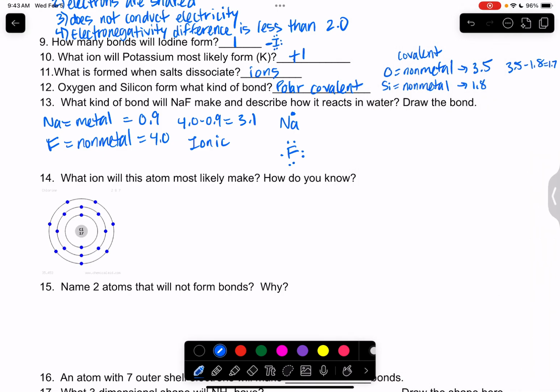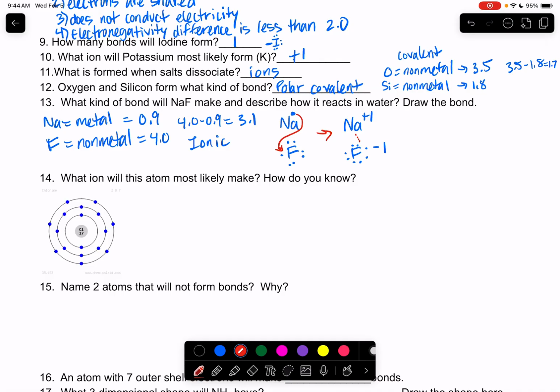And then the electrons are going to move around here. We're going to have Na with the positive 1 charge because it lost that electron, and fluorine is going to have all 8 electrons, so it's going to have a negative 1 charge because it gained 1 electron. And then we're just going to show the attraction between them.